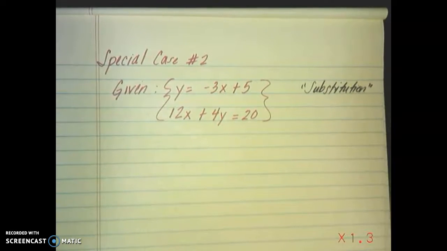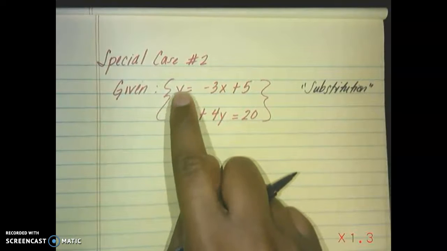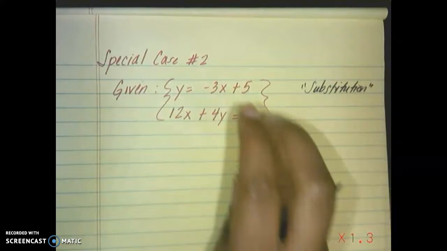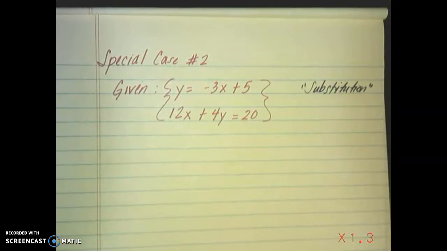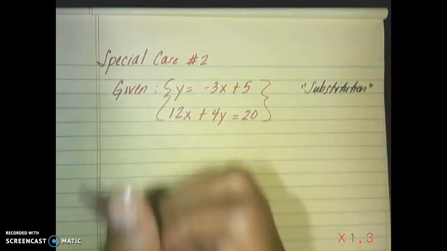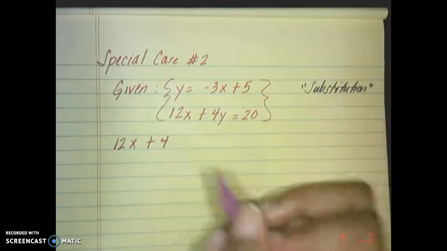So if I want to do this using substitution, I'm in luck. This top equation is already solved for y. I have y by itself, so what I'm going to do is replace this y with negative 3x plus 5 and then solve like we've been doing. So here we go. I'm going to use 12x plus 4 times y.